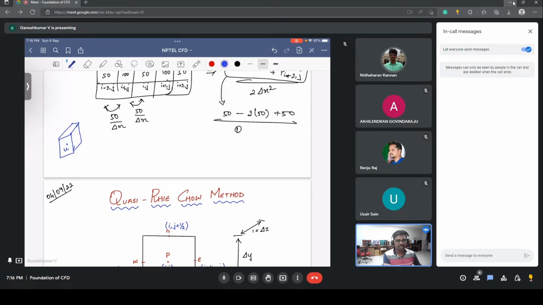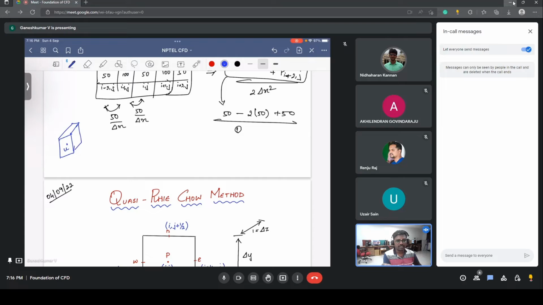What QUICK does is it takes upwind also into consideration. So phi w will be a function of central differencing, phi P and phi W, and it will also have an upwind term. The upwind will be from east, phi East.